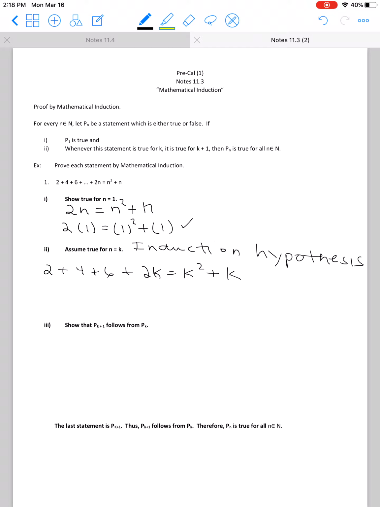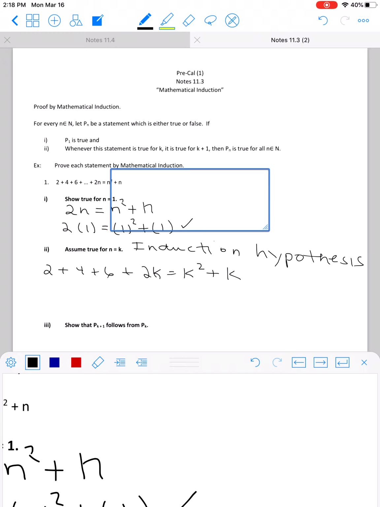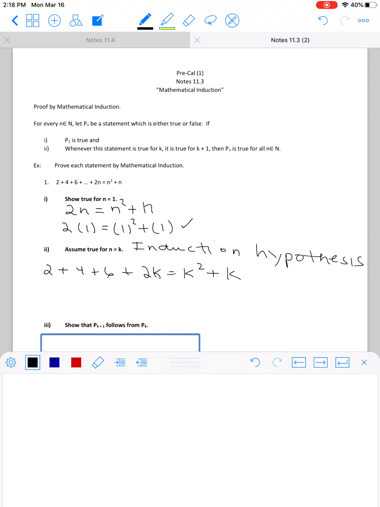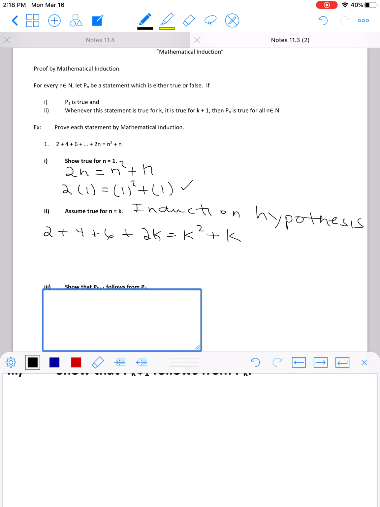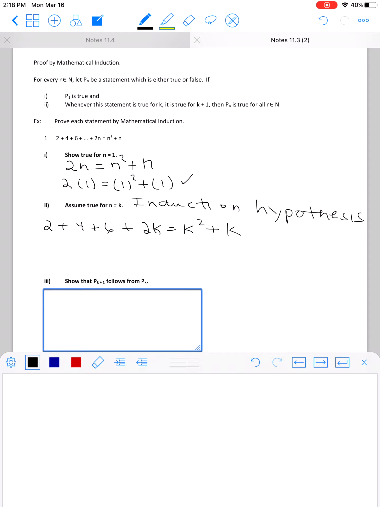Now this third step is where it gets just a little bit tricky. Now what we're going to do is take our step, I'm going to use a box here. We're going to take our step from the k, so we're going to start there.